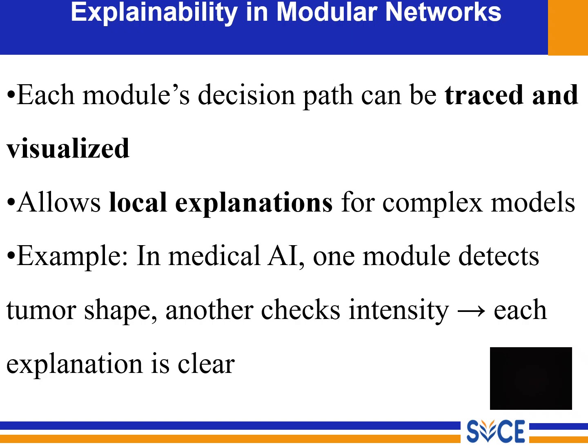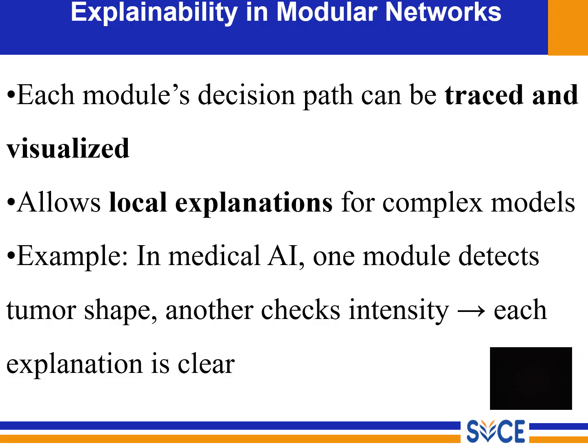So if an AI doctor model predicts a tumor, you can say this model detected the shape, that model analyzed the intensity, and finally the last model made the diagnosis. Everything is traceable.